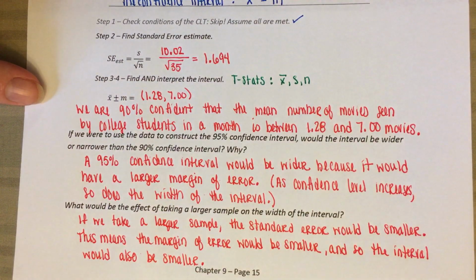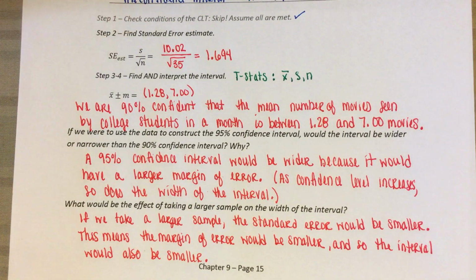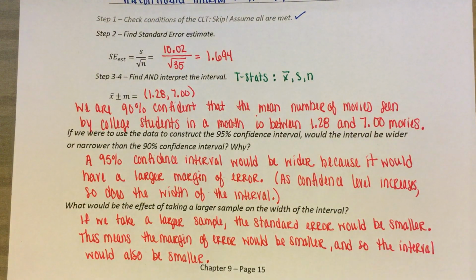Okay. So these last couple of questions just give us more detail about if we were to make some changes in our problem. If we were to increase our level of confidence, our interval gets bigger. If we increase the size of our sample, our interval is going to get smaller.